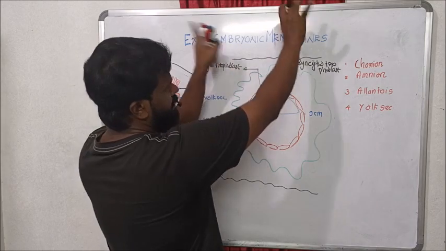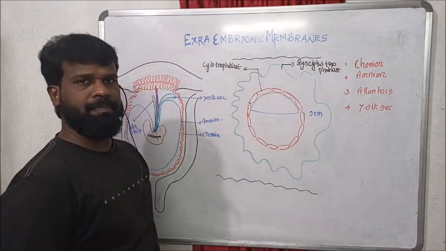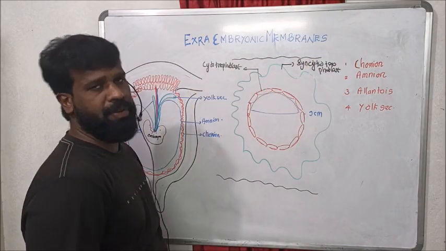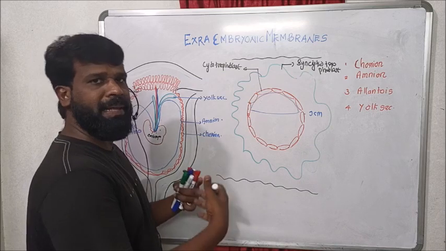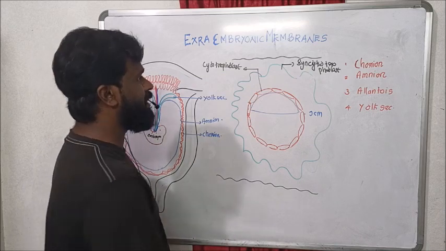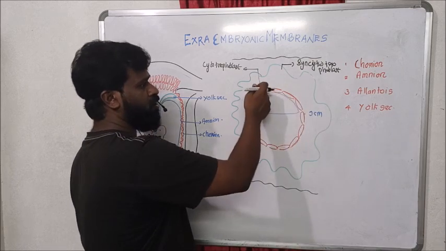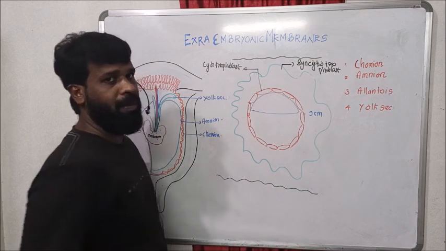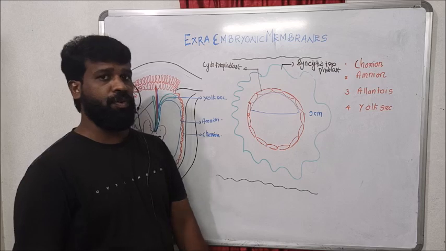This syncytial trophoblast penetrated into the endometrium and into the blood vessels of the endometrium. During the formation of the placenta, a number of changes occur in the syncytial trophoblast as well as the cytotrophoblast. We'll explain that later in my next video.